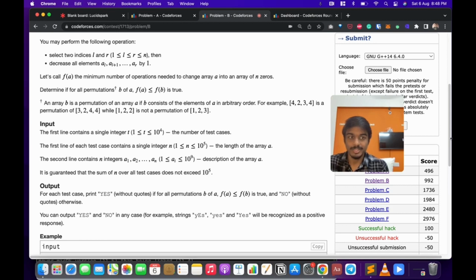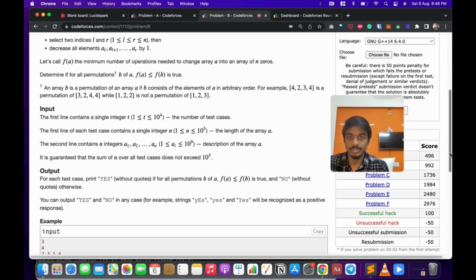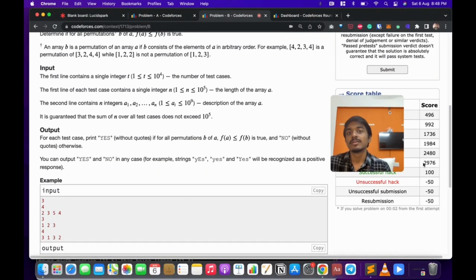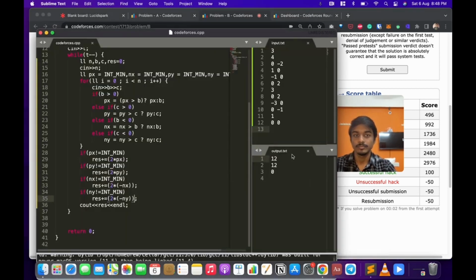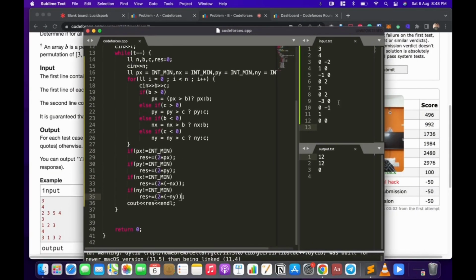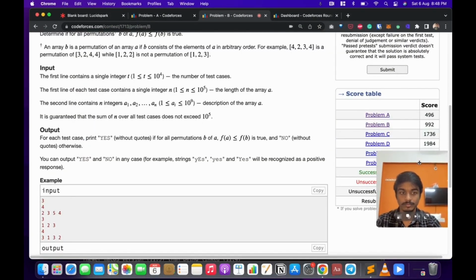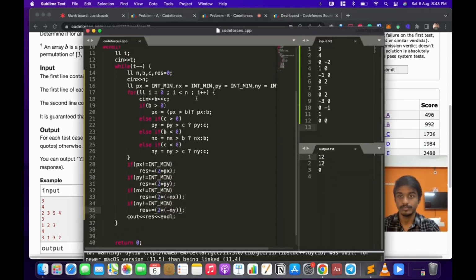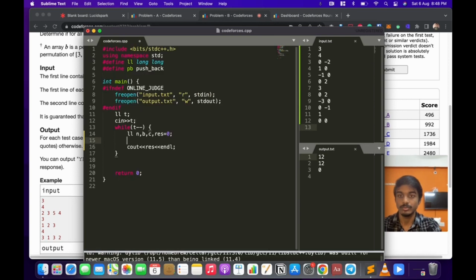Yeah, so 10 power 5, I think I can do this, but let's see. I don't know why it's not working, but let's see this.